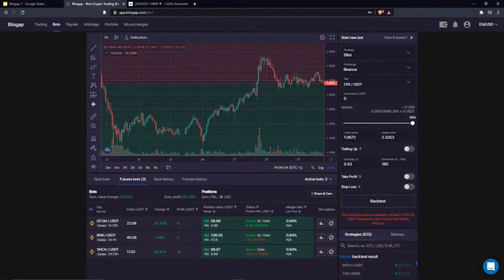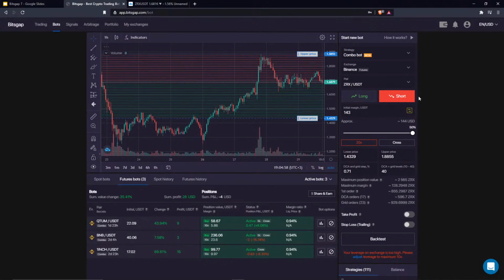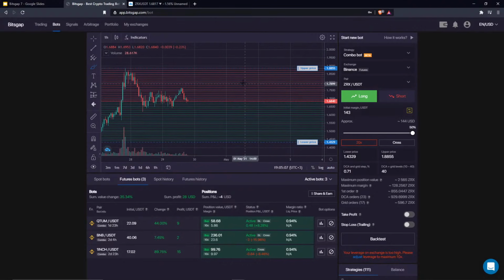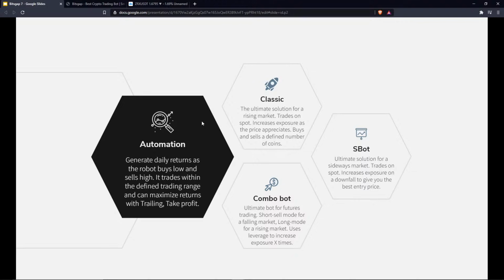Let me actually show you Binance futures. Here you see the short strategy for the downfall and the long strategy if you think the price is gonna move higher. But no worries, we will cover it step by step. I'm just giving you an overview of what we have so far.